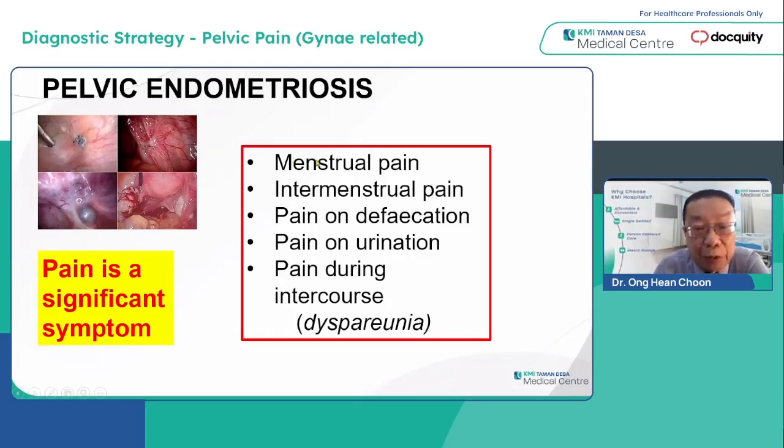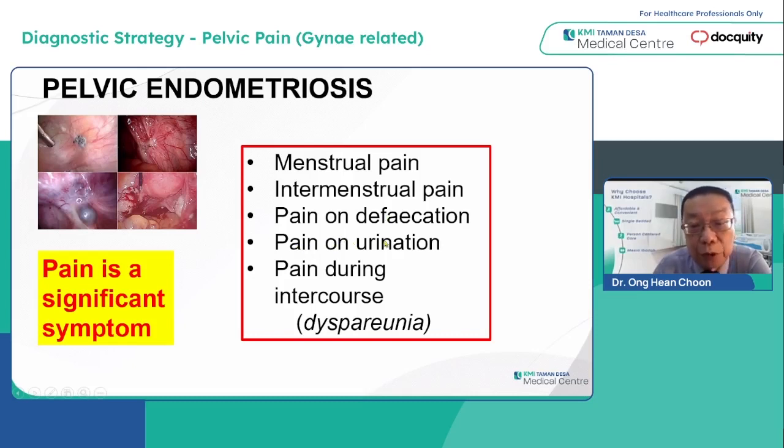The pain can be menstrual, as I mentioned just now, in a pre, intra, and post-menstrual pain pattern. It can also be intermenstrual, that means in between the periods. There can be pain on defecation during the period time because the nodules are on the surface of the rectum.